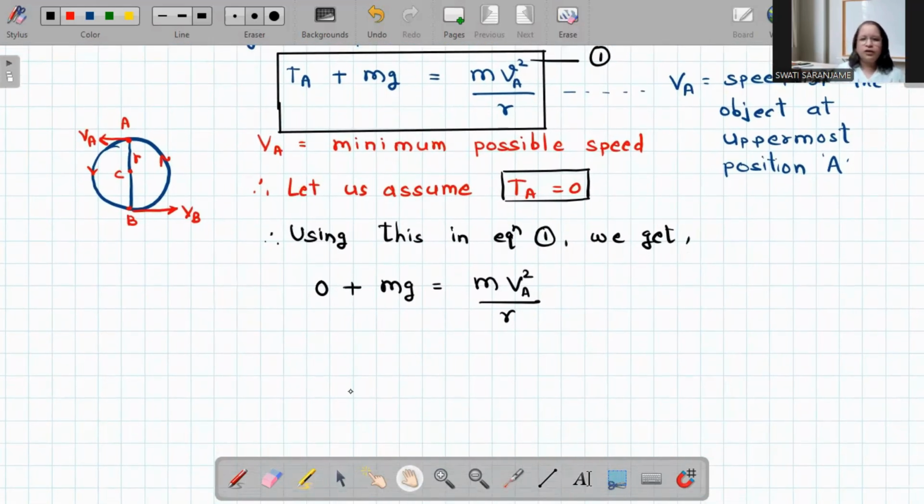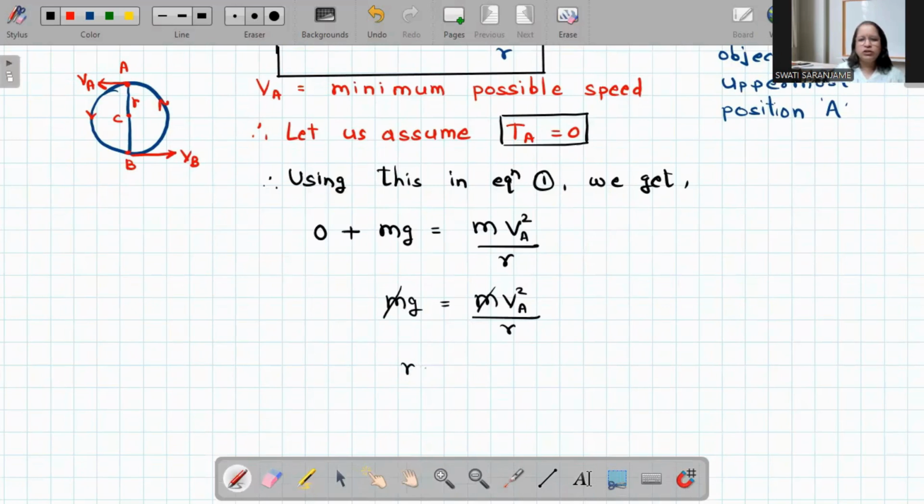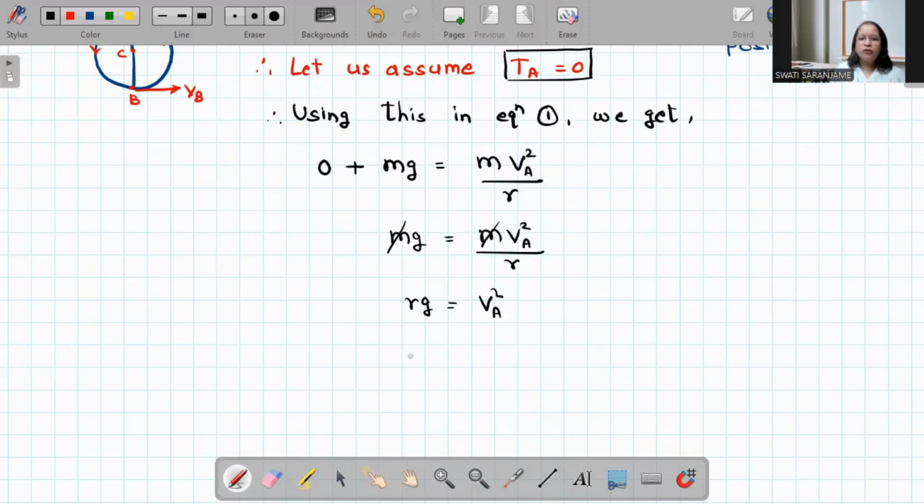So solving further, we have mg is equal to m va square by r. As m represents the mass of the same object we are talking about, m cancels out, and we have rg is equal to va square, and this gives us the required answer for va.